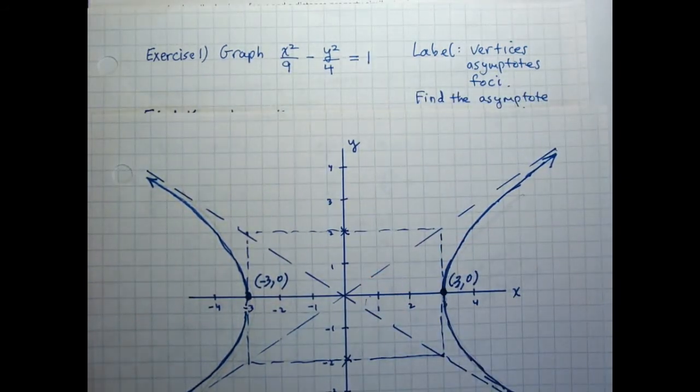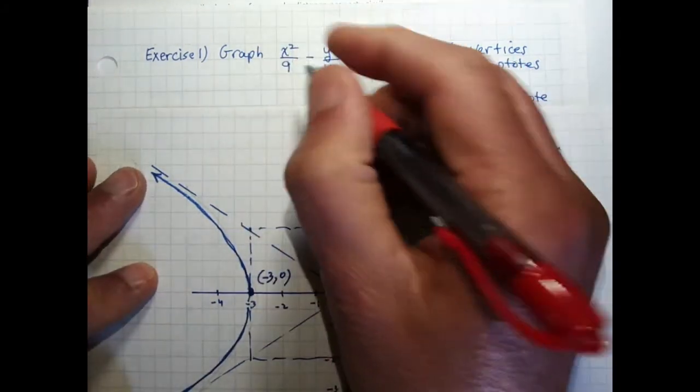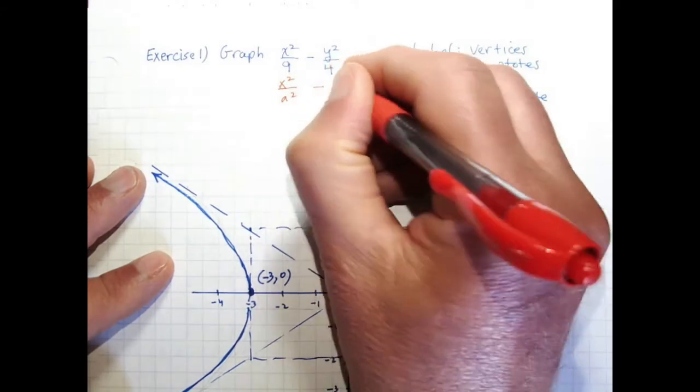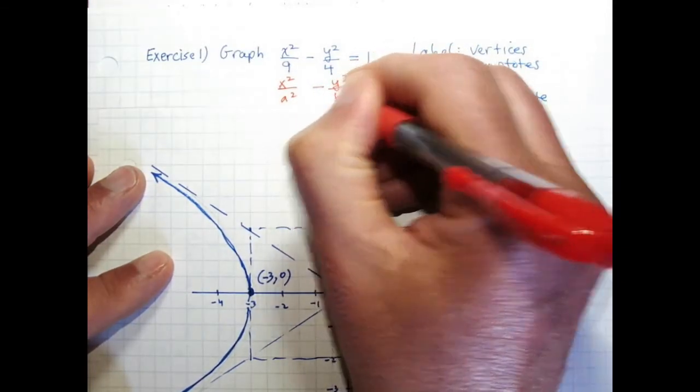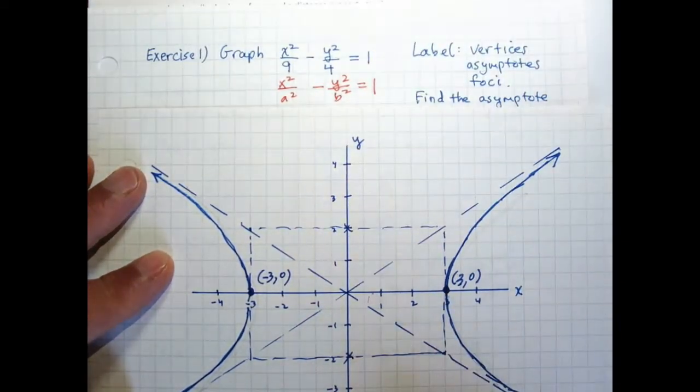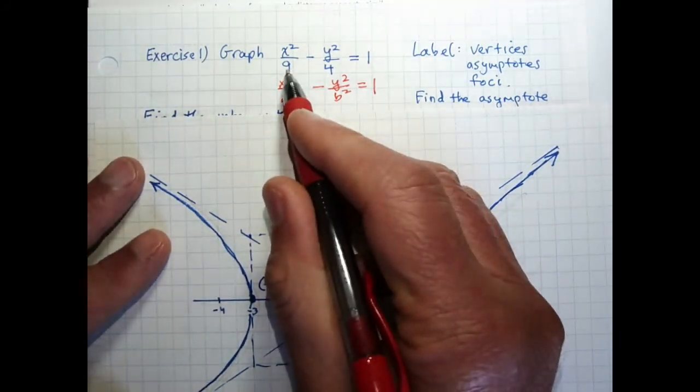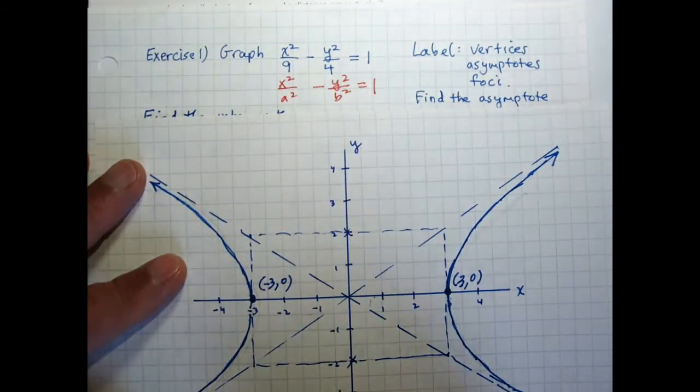So our original equation is in the form x squared over a squared minus y squared over b squared equals 1. So my a is actually 3. My b is 2.